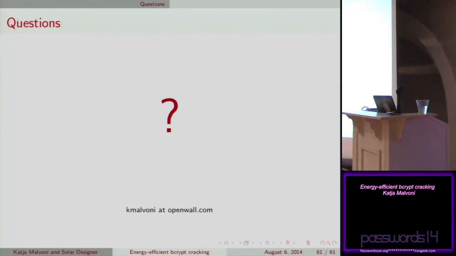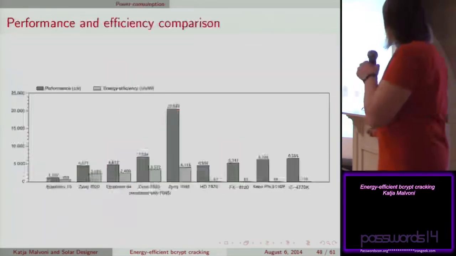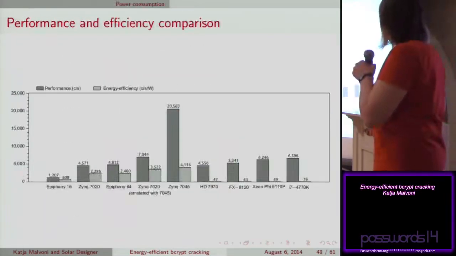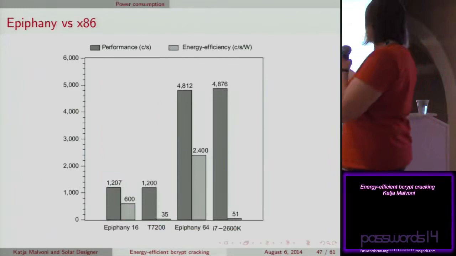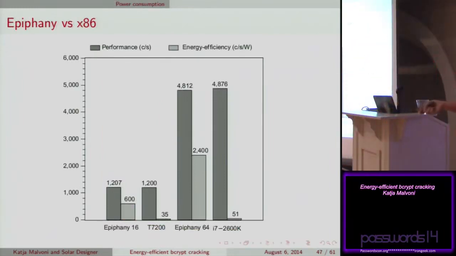No, it's actually 45. I mean, there was the one with the really low bar on the i7. Okay, that one. So it's 51 and 2,400, so around 45, 46 times. Okay. Yeah, but it's significant.